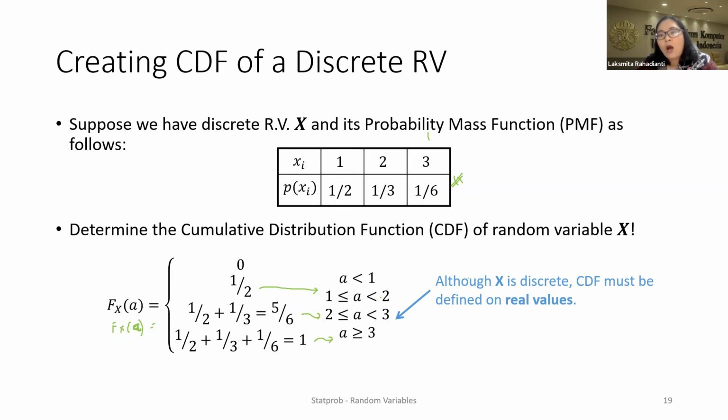So note that although the random variable x is discrete, when you define the CDF, it should be written with real values. And this is only valid if you are asked to write the complete cumulative distribution function. If you are asked to only compute the cumulative function of 2, then you can solve it just like what was done in the previous example.